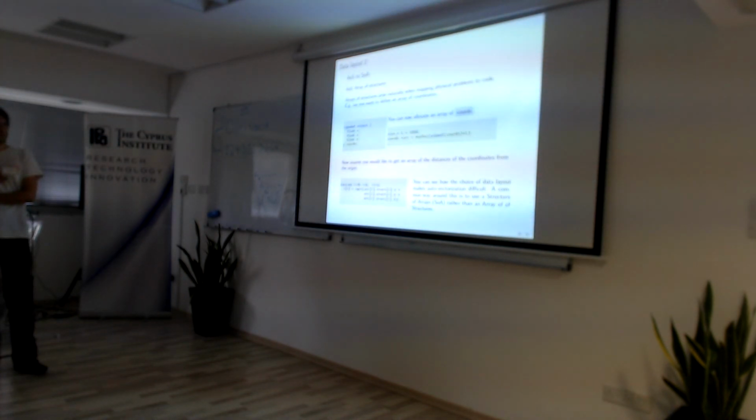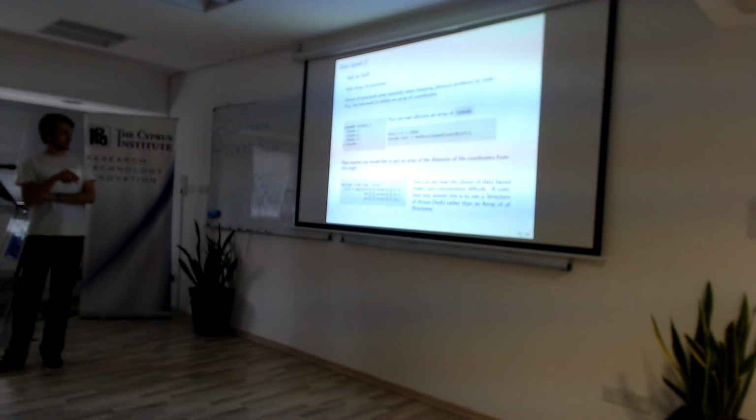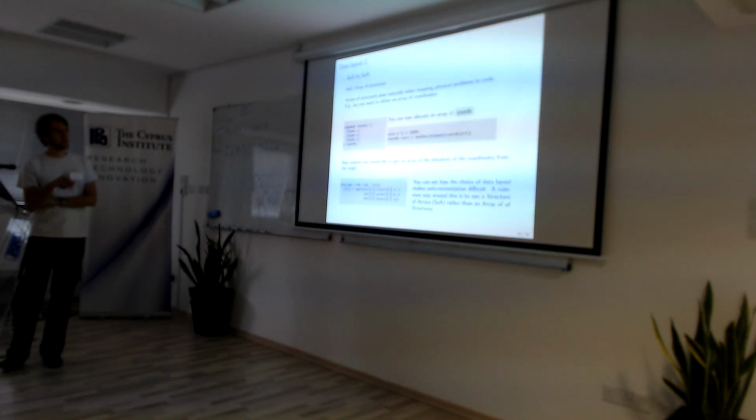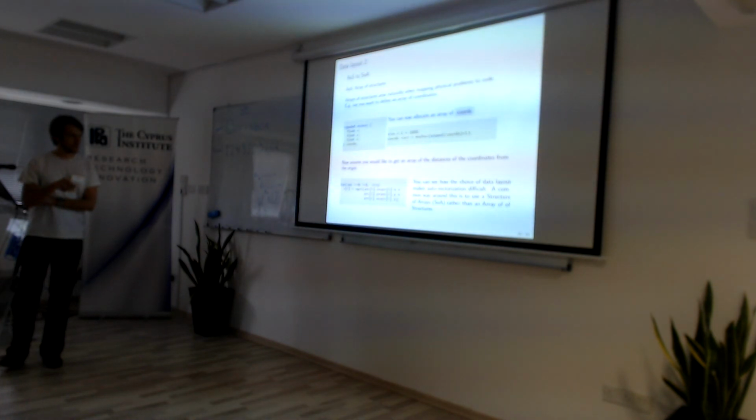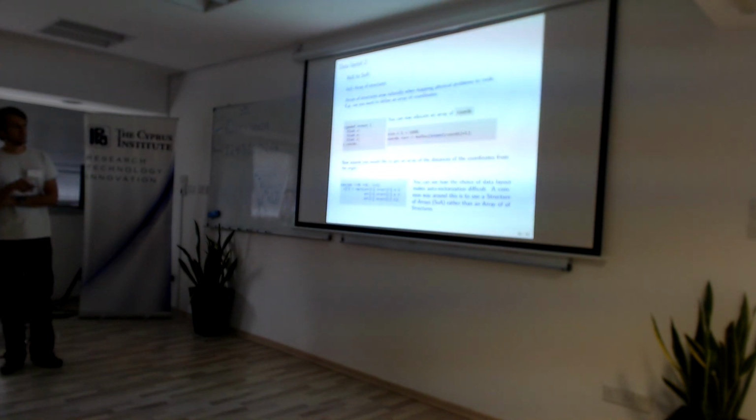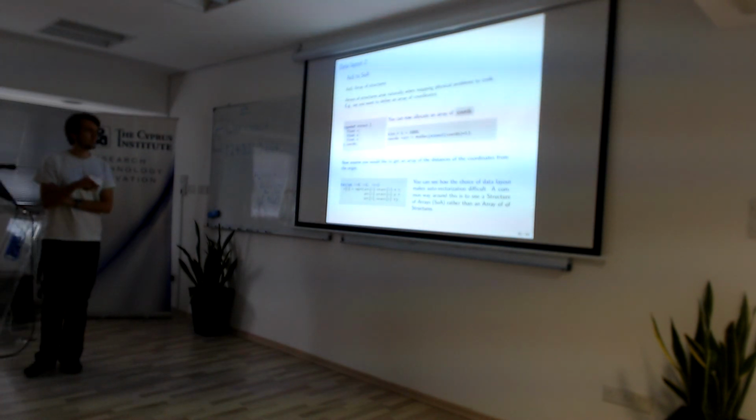So in principle, arrays of structures arise naturally when we're mapping physical problems to the code. For example, we can define an array of coordinates in a three-dimensional space: x, y, z. And then we have to allocate an array of coordinates, for example, by doing this.